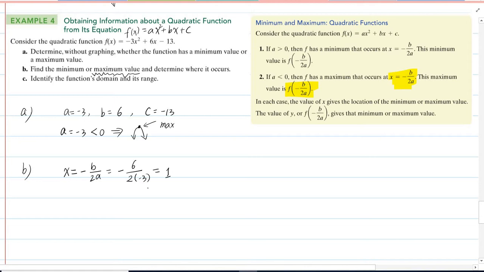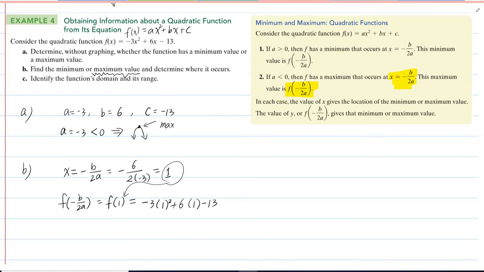Then I can continue and find f of negative b over 2a, which is f of 1, because we just found this 1. I'm going to plug it in and evaluate this function: negative 3 times 1 squared plus 6 times 1 minus 13.